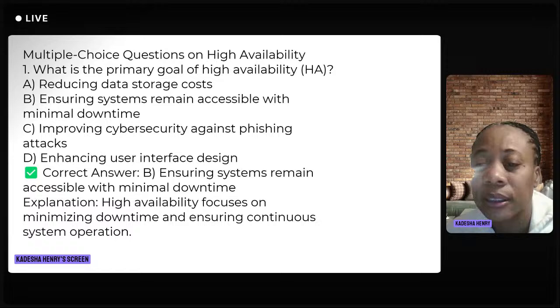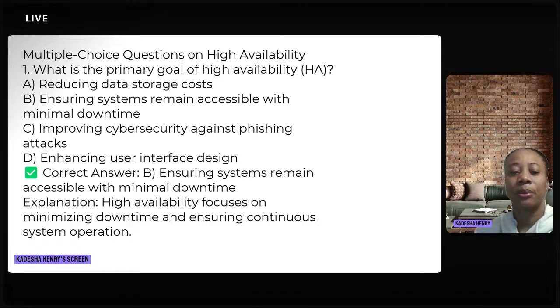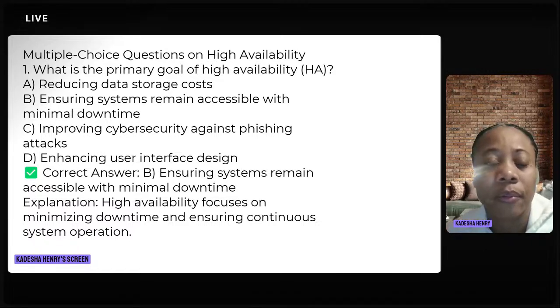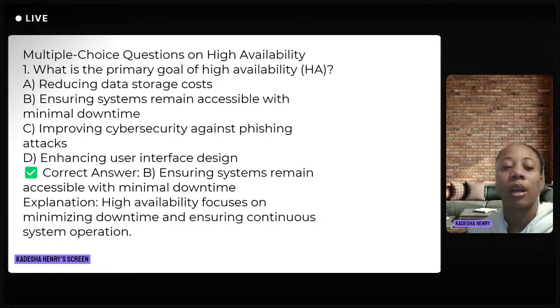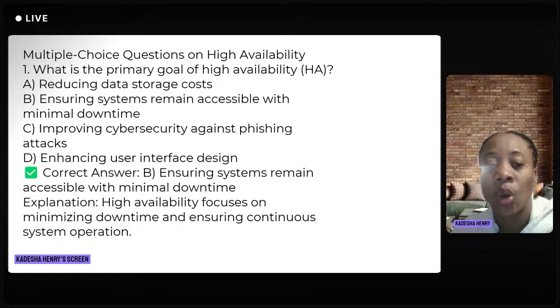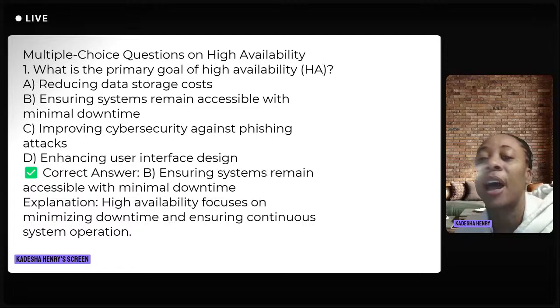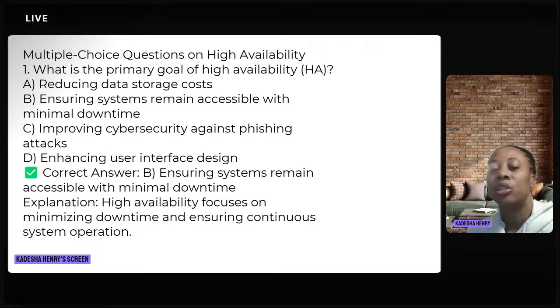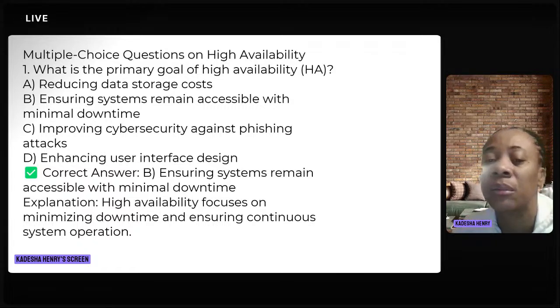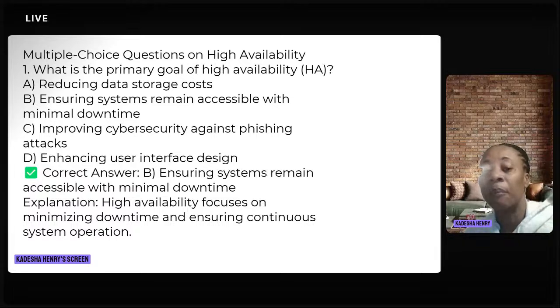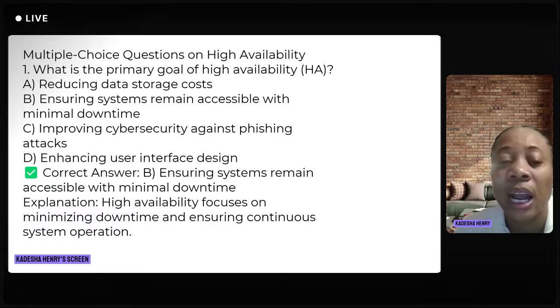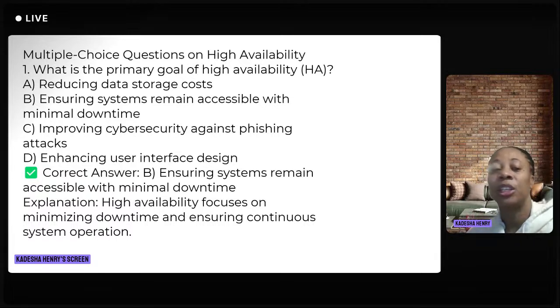So let's look at some multiple choice questions on high availability. What is the primary goal of high availability? A, reduce data storage costs? B, ensuring system remains accessible with minimal downtime? C, implement cybersecurity against phishing attacks?